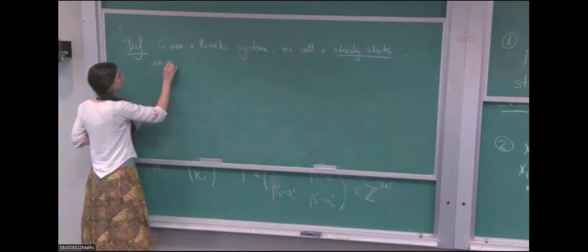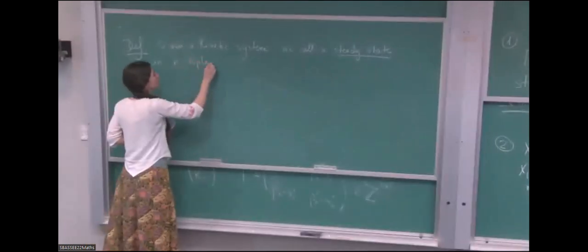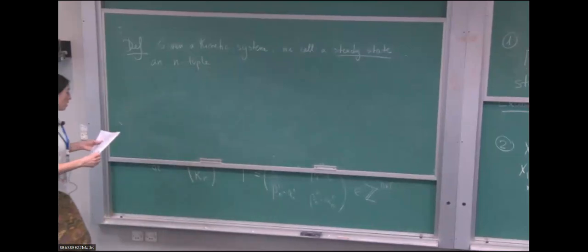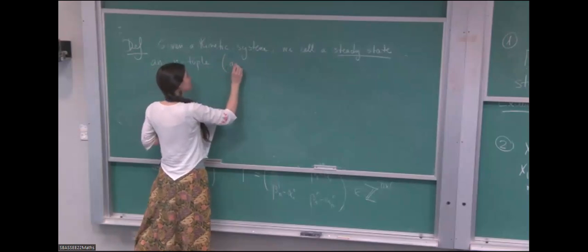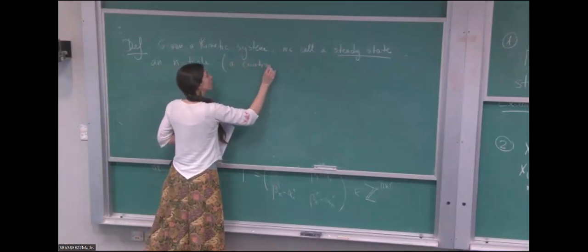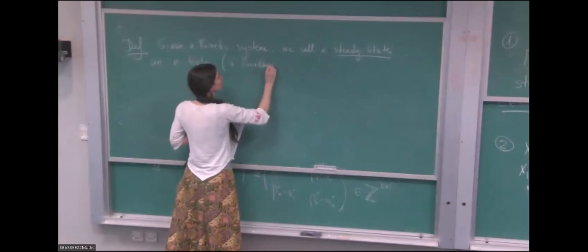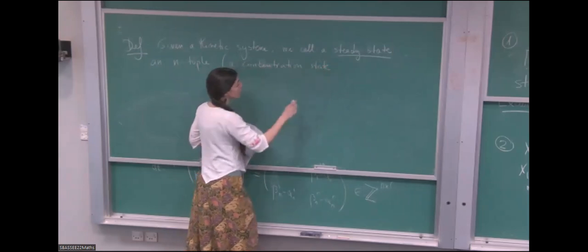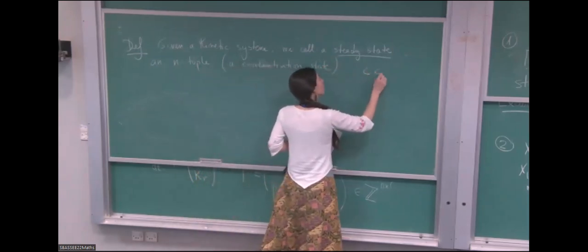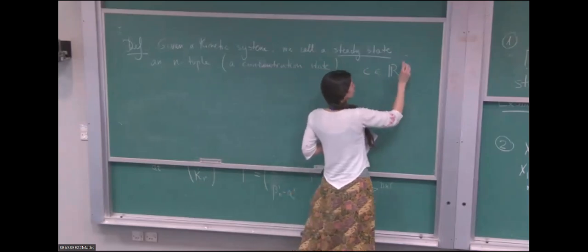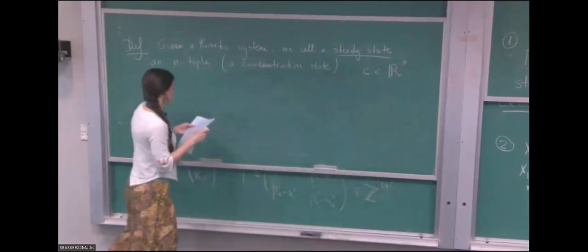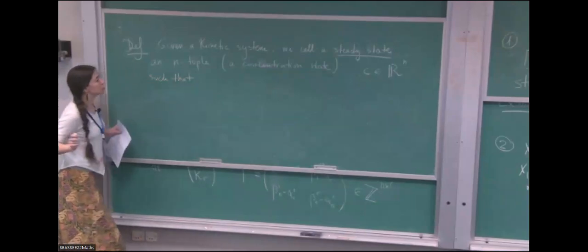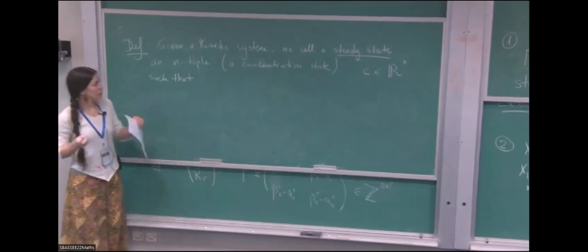It will be one value for each species that gives me a state of the concentrations such that it takes all the species formation rate functions to zero.